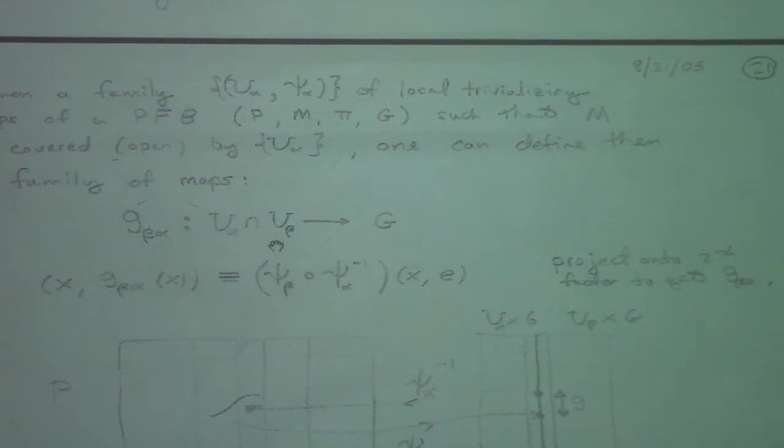I want to say it's in the base space. X is in the base space, but this right here is a base space element and a group element. So this would be in the Cartesian product of U alpha intersect U beta and G. And he says that is defined to be psi beta composed of psi alpha inverse of x comma e.